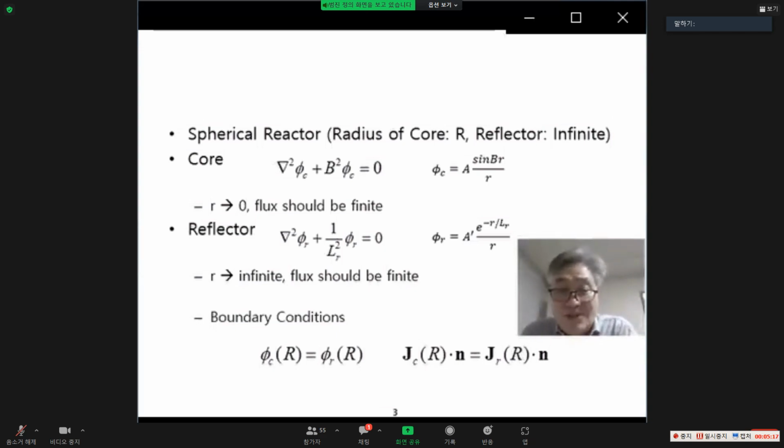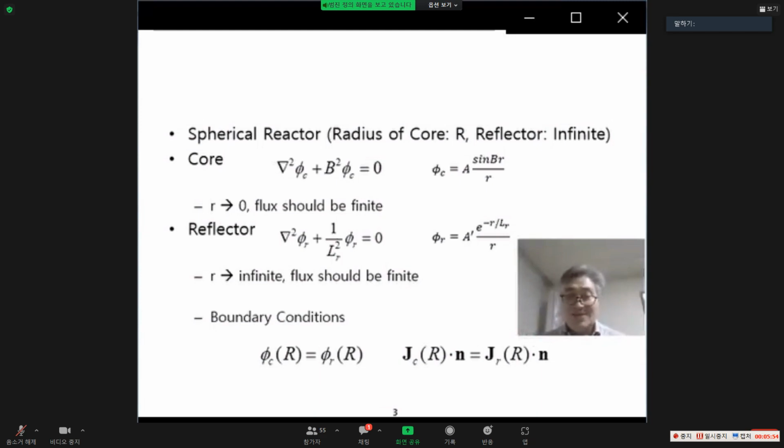Actually, this is not a boundary condition. This is an interface condition between core and reflector, and we have two conditions. First one: phi c of R and phi r of R should be the same. So when we calculate the neutron flux from the core and substitute large R in the place of small r, we have a value.